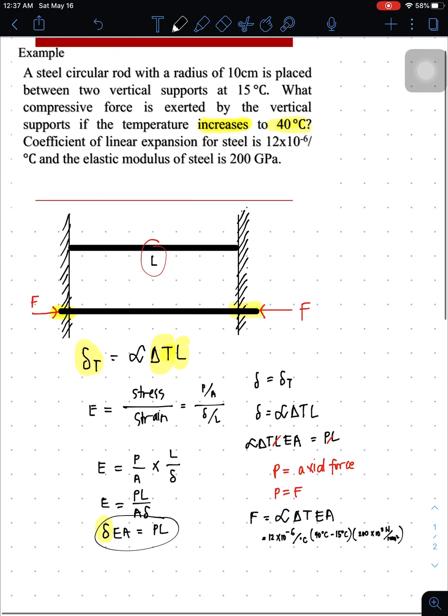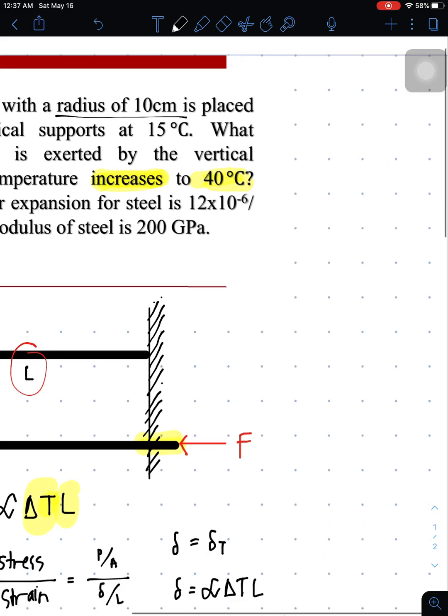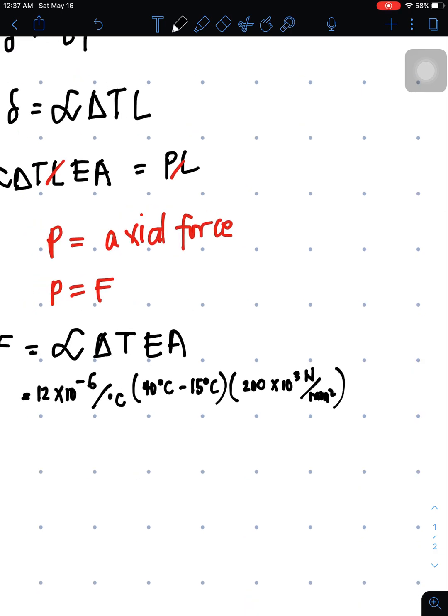And then our area: we have a given radius of 10 centimeters, so that's pi r squared. That's pi times r, 10 centimeters, or 100 millimeters.